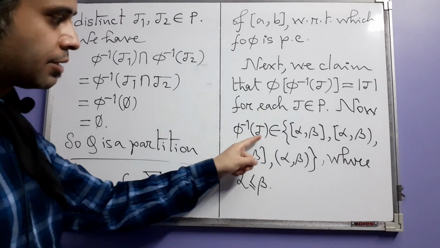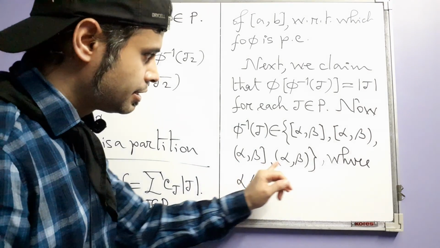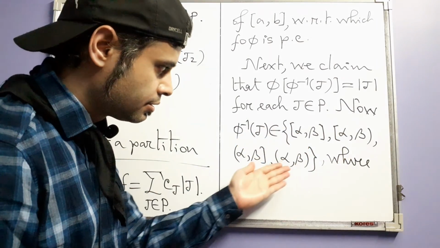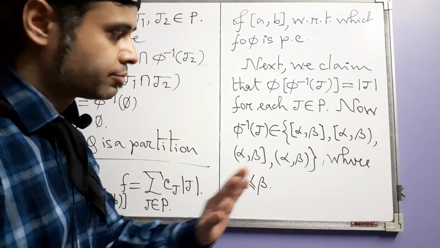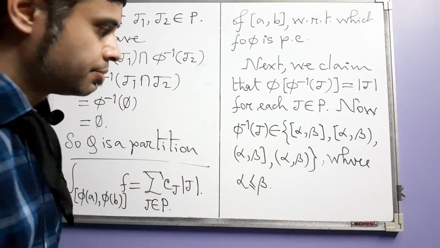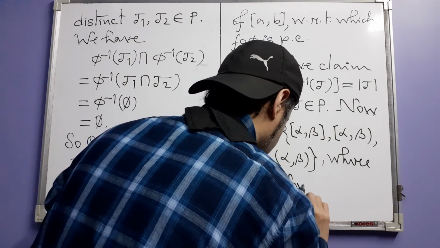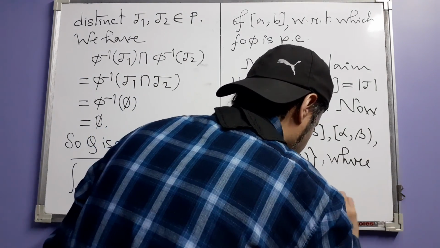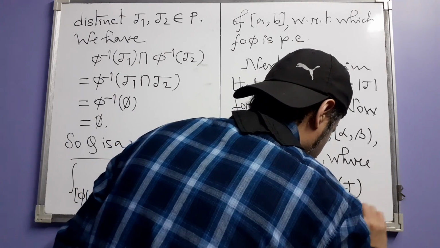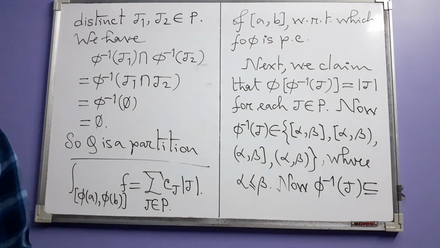Now, no matter what phi inverse of J actually is, you note one thing, that all the sets in this collection of sets are subsets of the closed interval alpha comma beta. So, phi inverse of J will be a subset of the closed interval as well.